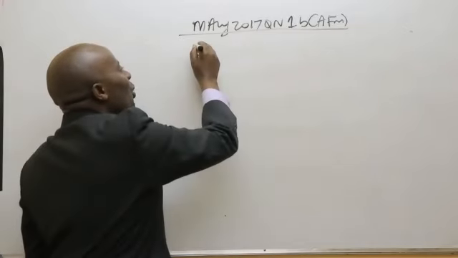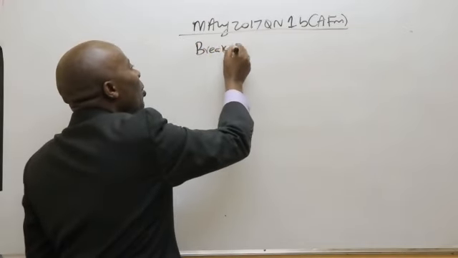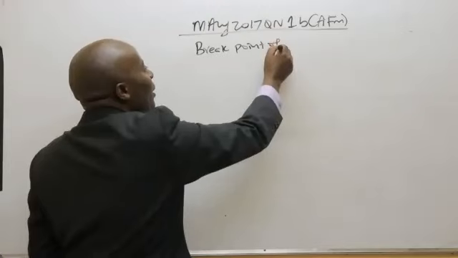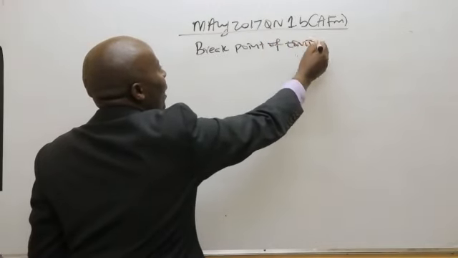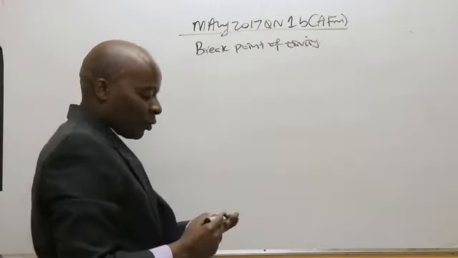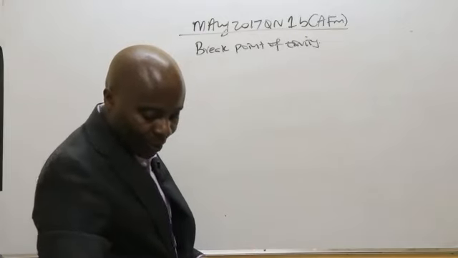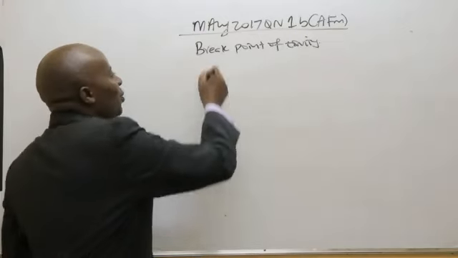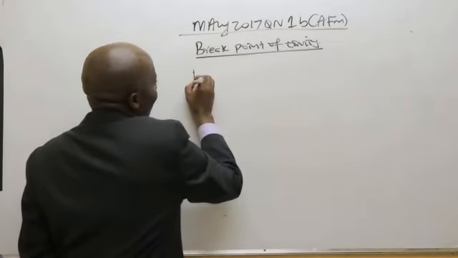So what we shall do is to calculate the break point of equity first. To get the break point of equity, what I need to do is to remember the formula.